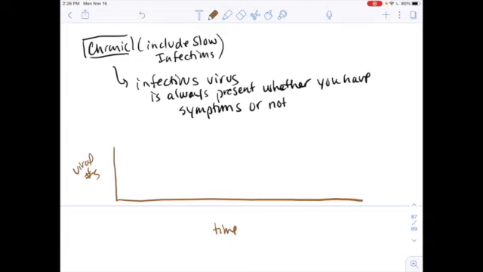With a chronic infection, a person will get an initial infection. Viral numbers will come up. There will be a period of symptoms. A person has symptoms.